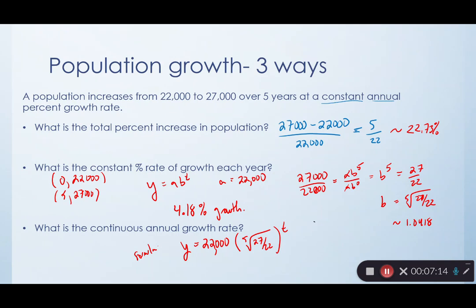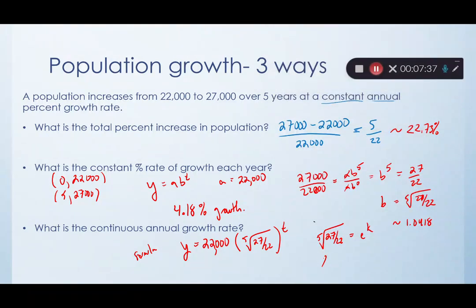But if we want to find the continuous annual growth rate, we need the 5th root of 27 over 22 to equal e to the k. That's our b equals e to the k. We're going to take the natural log of both sides. So ln of that lovely number, 27 over 22 to the 1/5, is equal to k. That we definitely need to go look up.